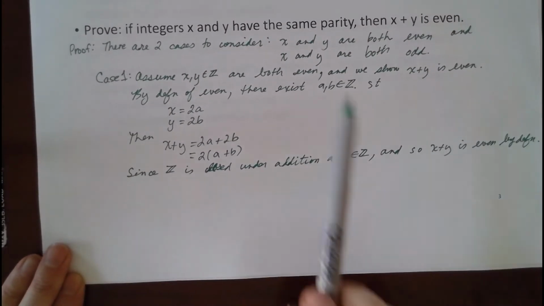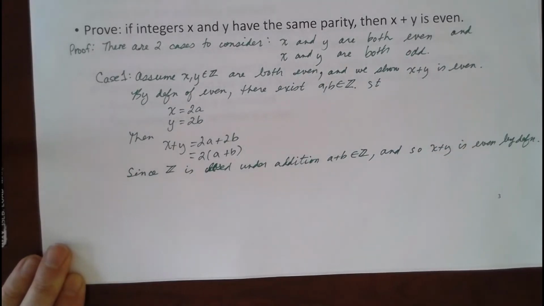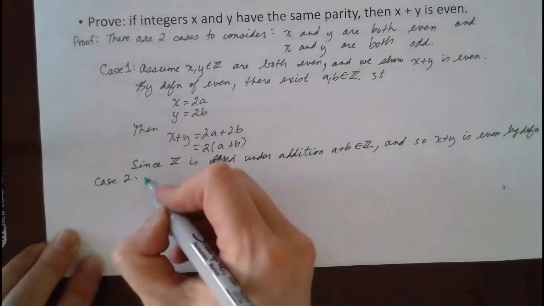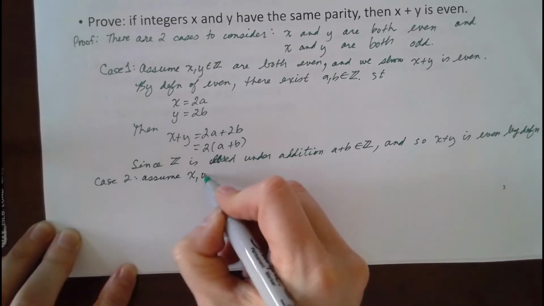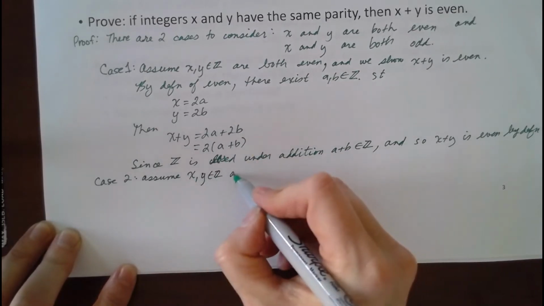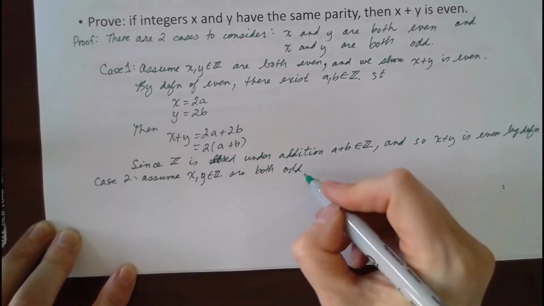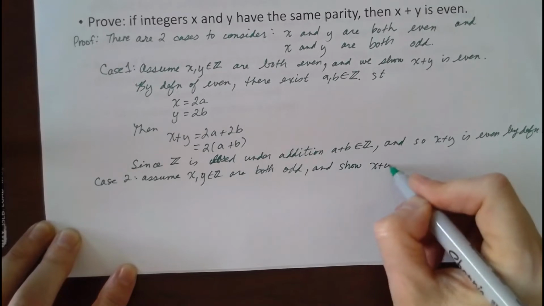So we considered the first case where they were both even. We showed then that the sum had to be even. Then for our second case, we would assume x and y are both odd. And again, we would have to show that the sum is even.